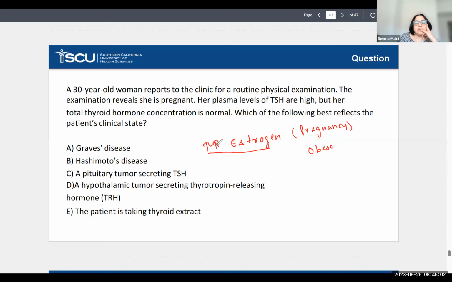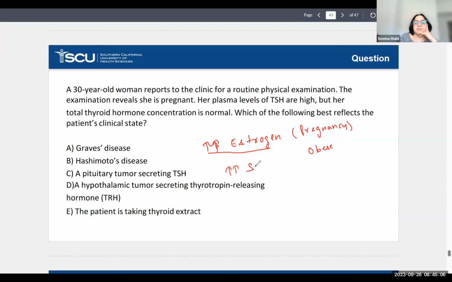So this high level of estrogen increases secretion of thyroid binding globulin by liver. This thyroid binding globulin keeps thyroid in the bound state. So there is decreased level of free T3 and T4. And remember, I told you it's free T3, T4 which causes inhibition of TSH secretion.